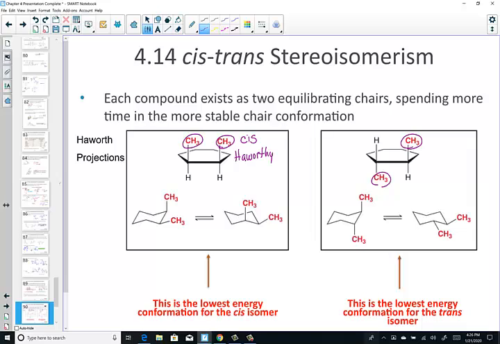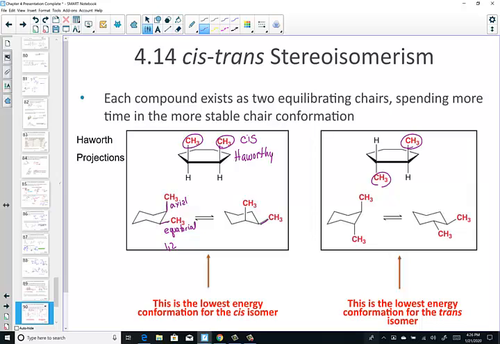What does that look like in a chair conformation? Well, if one is pointing up, the other has to point up right next to it. So one would have to be an axial, one would have to be an equatorial bond for a 1,2-disubstituted cyclohexane.